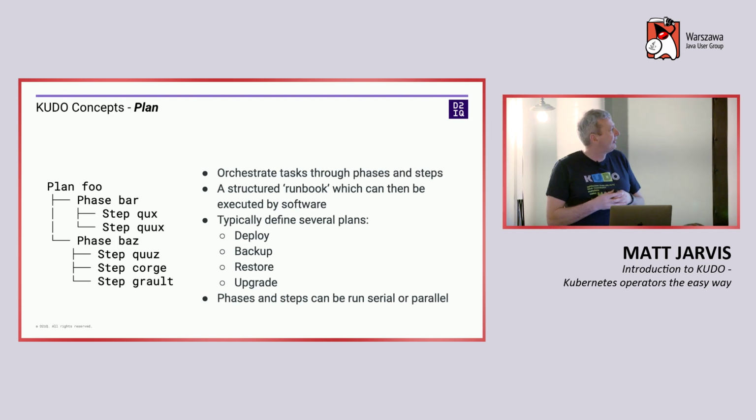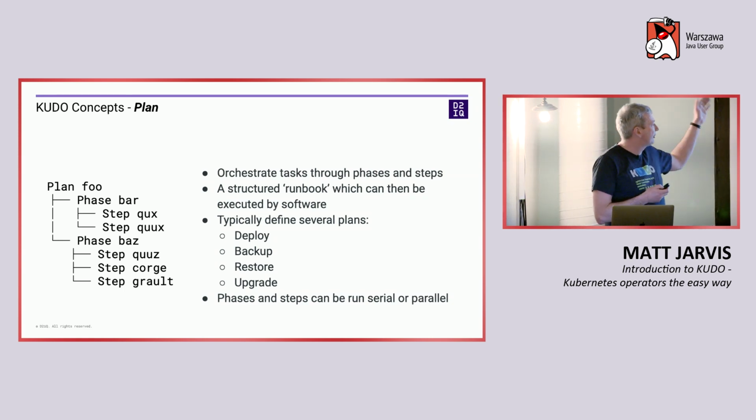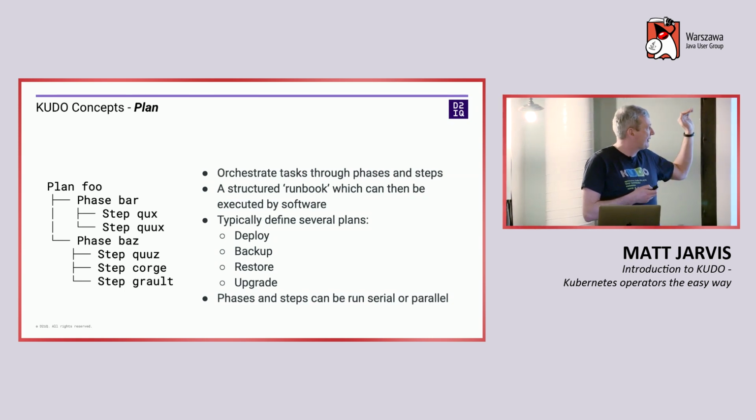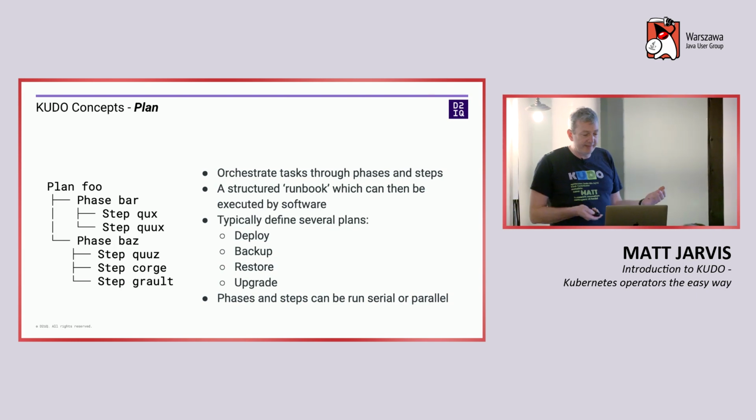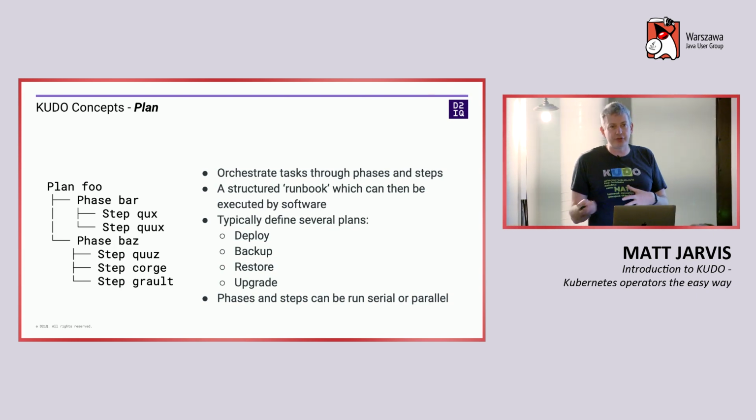So plans are how KUDO operators convey progress through service management operations. So it's this hierarchical kind of structure. Plans are composed of phases, which are composed of steps, and then steps contain one or more tasks.